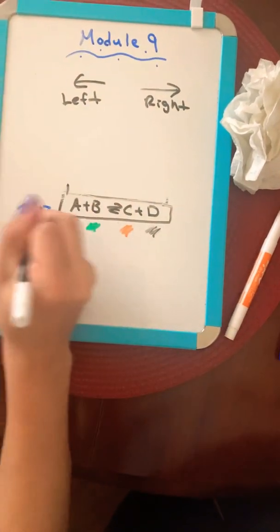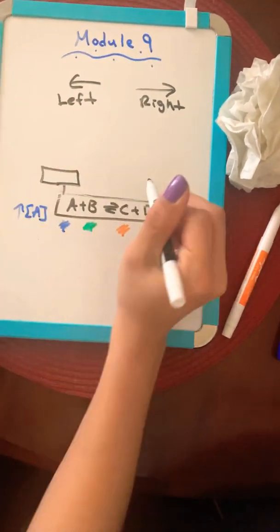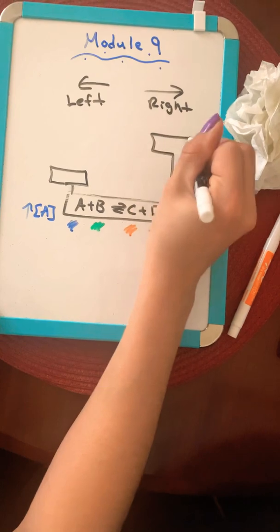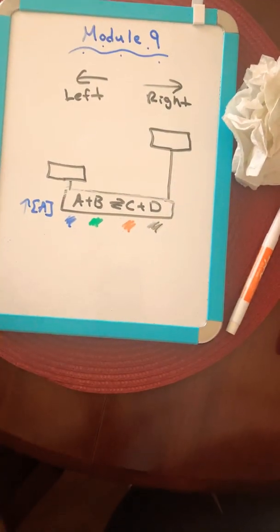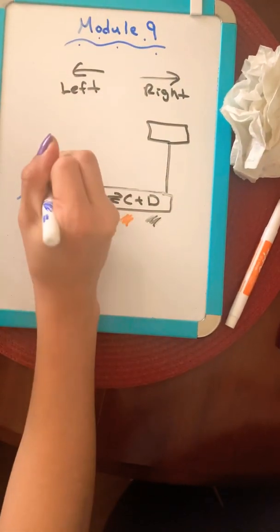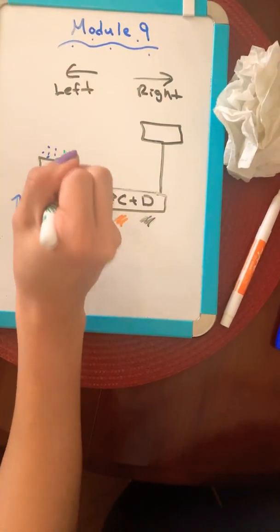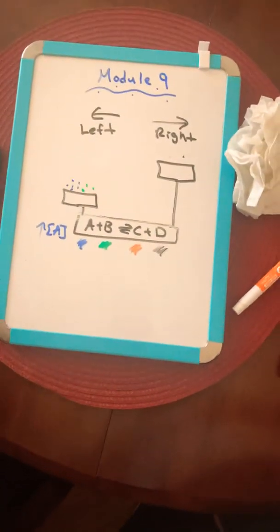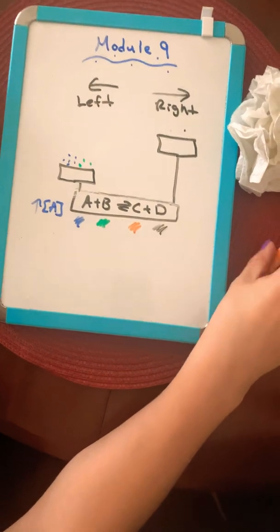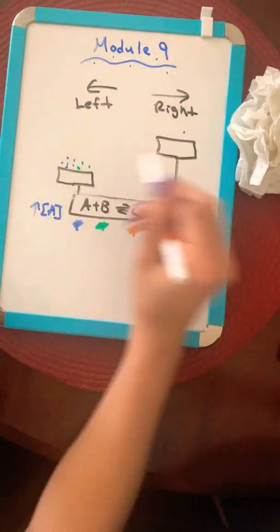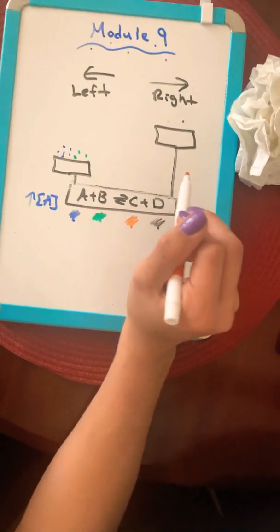Since we're adding more A, it's now going to be weighed down here on the bottom, while the other side is going to be a little bit lighter. So let's say I increased A, we had some B's, while over here we just had that one C and that one D, right? In order to get them back to the same level again, there are 2 things that we're going to have to do.